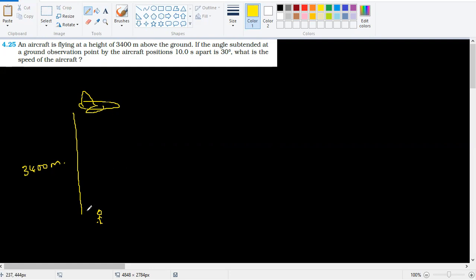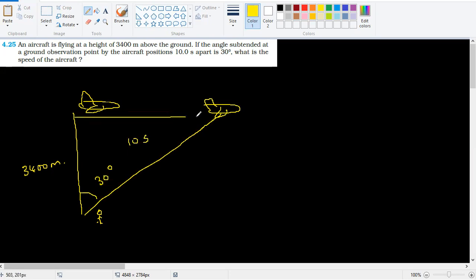So suppose somewhere here, the aircraft has come over here, so this is 30 degrees, and it took 10 seconds for it to go from here to here. What is the speed of the aircraft?